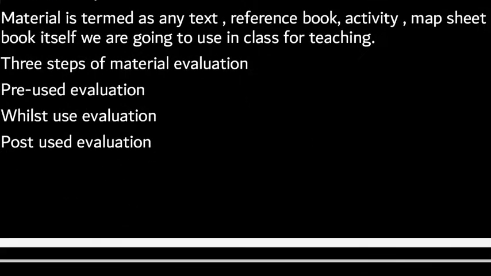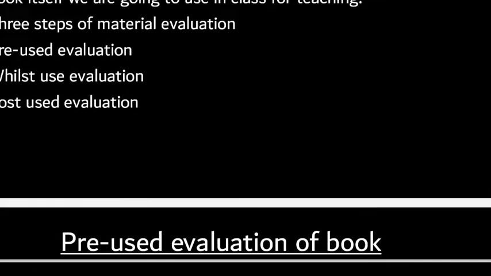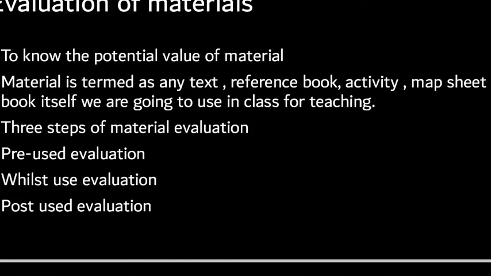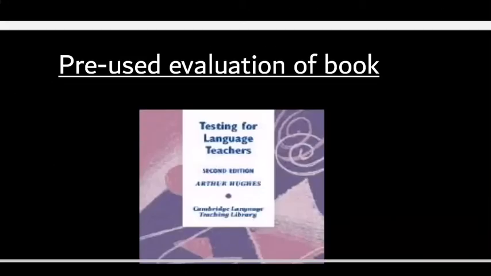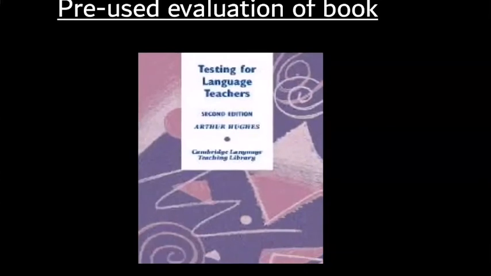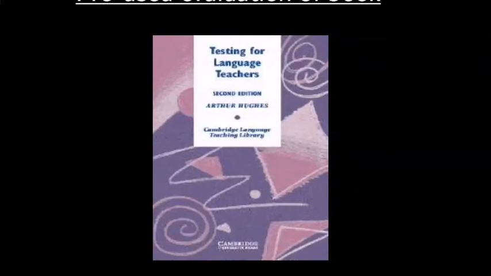So I am going to present about pre-use evaluation, and I am going to explain this by performing the pre-use evaluation of a certain book by myself. In order to perform the pre-use evaluation, I have chosen a book which I am currently studying, and the book name is Testing for Language Teachers by Arthur Hughes.